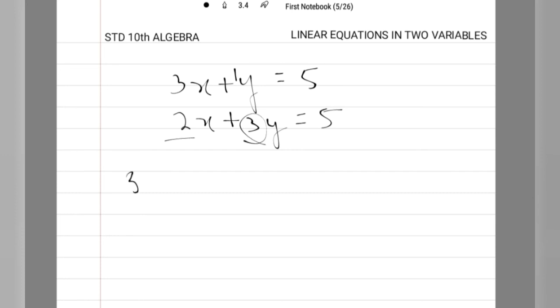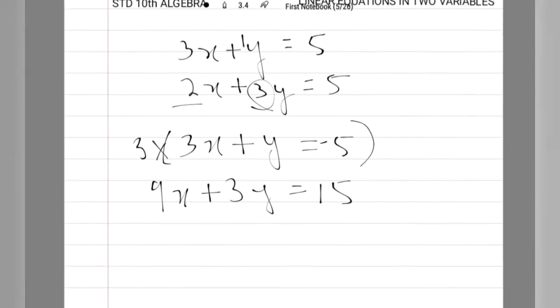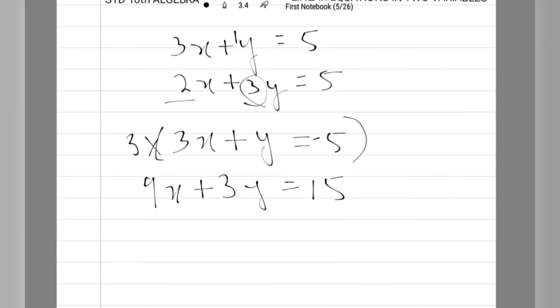So 3x plus y is equal to 5 is multiplied by 3. We multiply the whole equation, okay, remember that. So 9x plus 3y is equal to 3 into 5, which is 15. Writing the second equation as it is, that is 2x plus 3y is equal to 5.